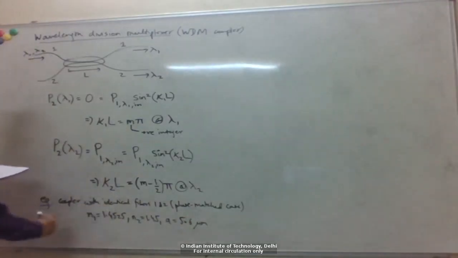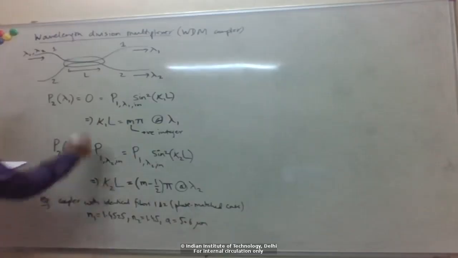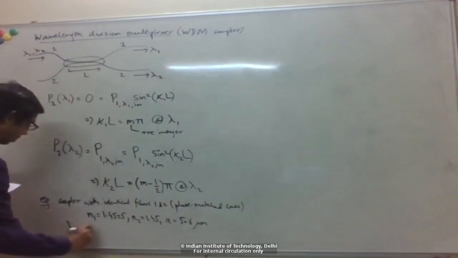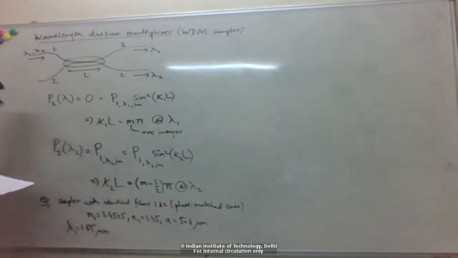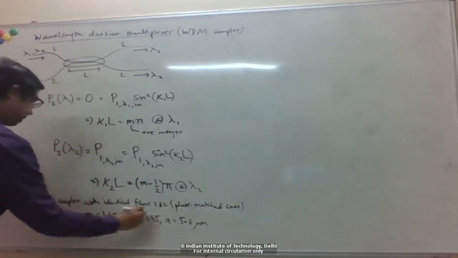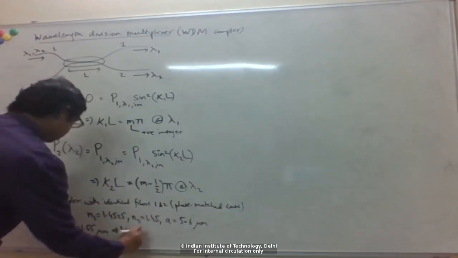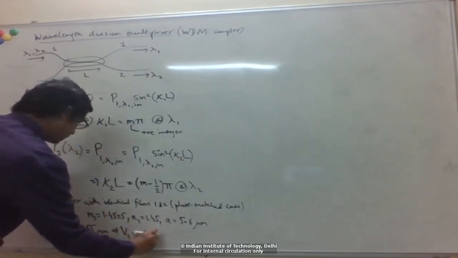Let's say the two wavelengths that we want to separate are, lambda 1 is 1.55 micron. For these parameters, the V number at this wavelength would be 1.9.